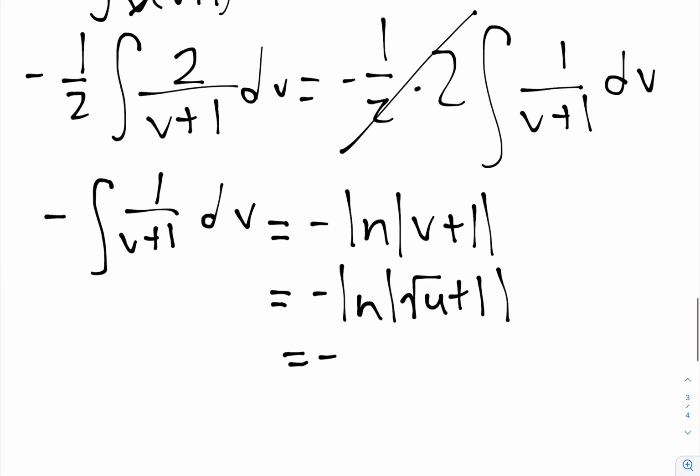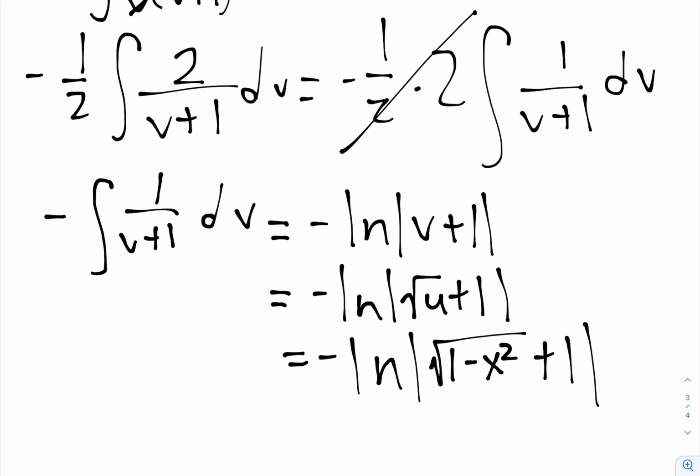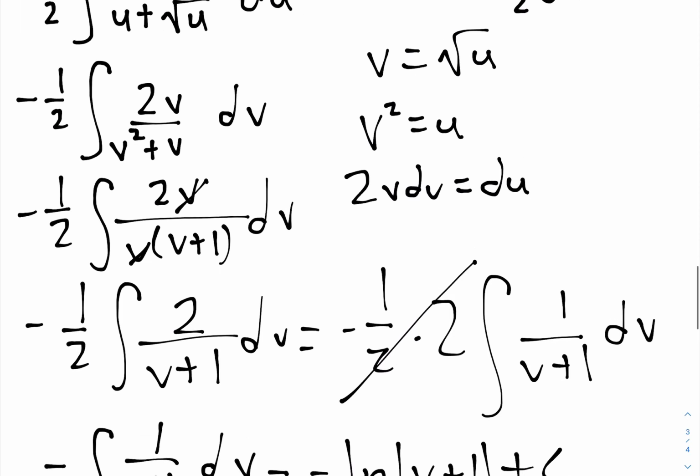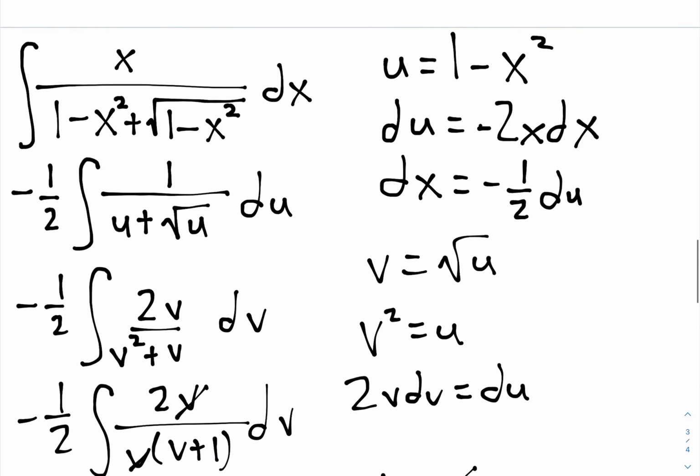So the square root of u is just the square root of 1 minus x squared, plus 1. Okay. And then obviously we need our plus c because it's an indefinite integral. So the first two were definite. The last one was indefinite.